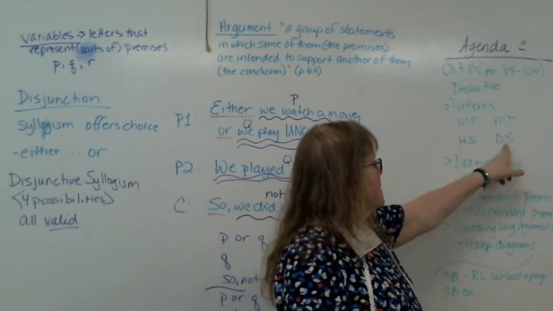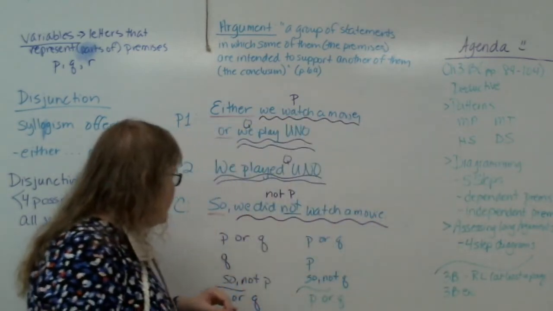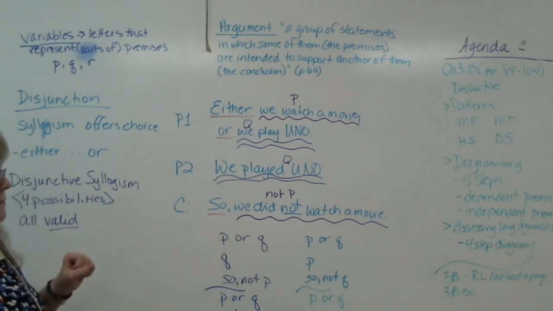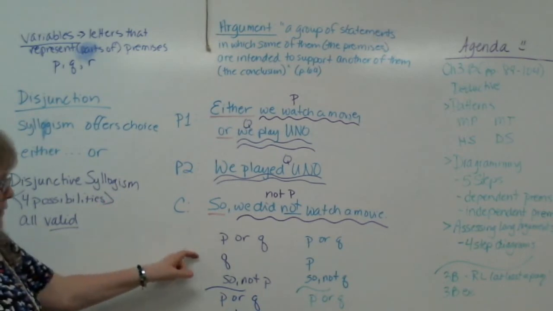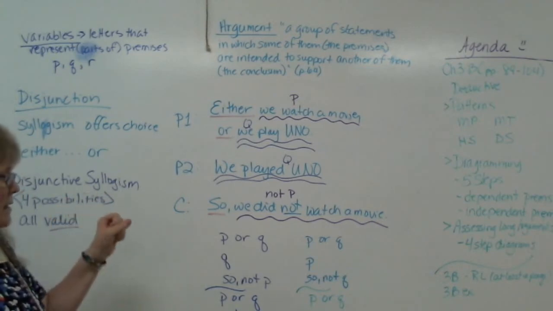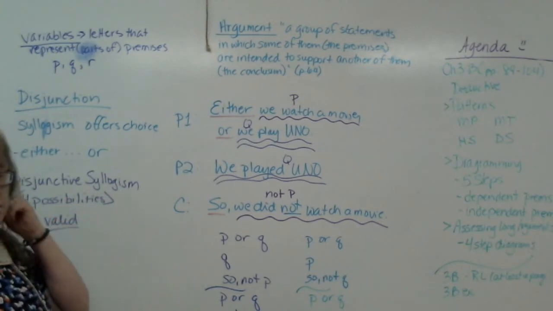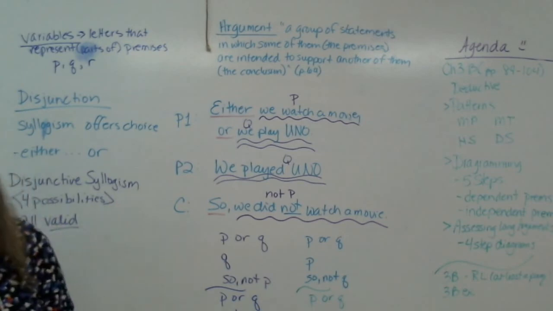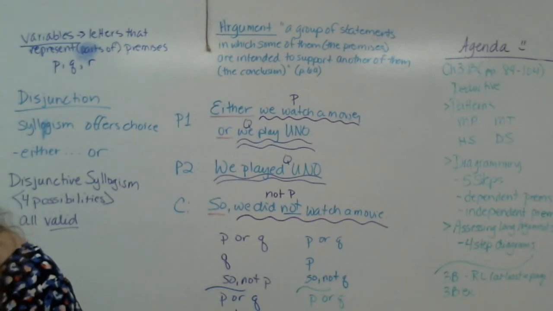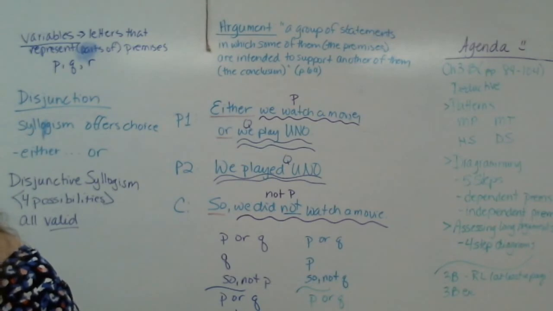And then our disjunctive syllogism, which has 4 possibilities, but they all start out the same way, P or Q. Q, so not P, not Q, so P, P, so not Q, not P, so Q. Okay. It's weird, but it's okay. It works. That gets us to exercises 3.5, 6, and 7.